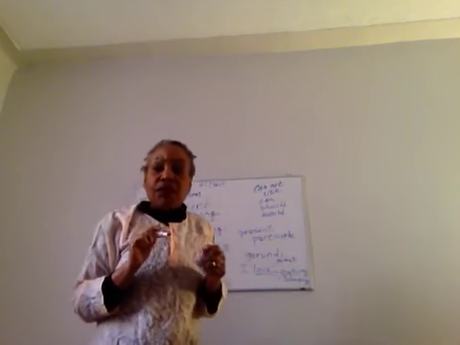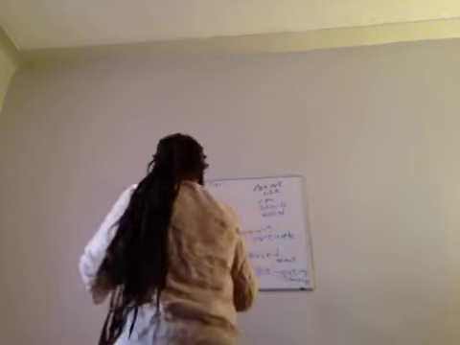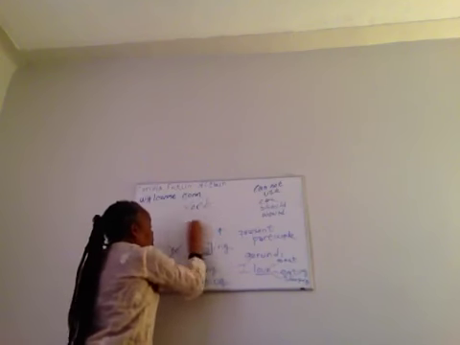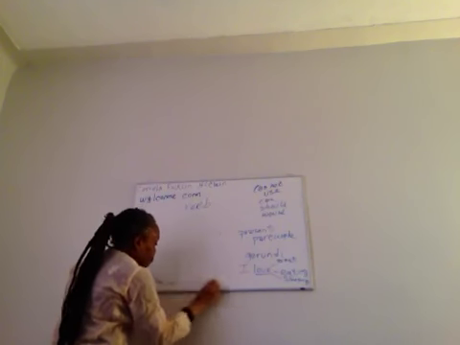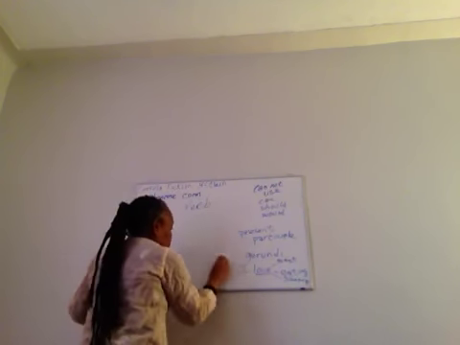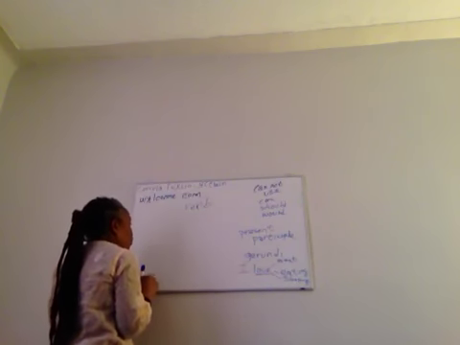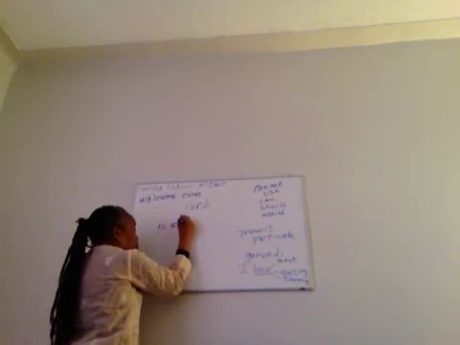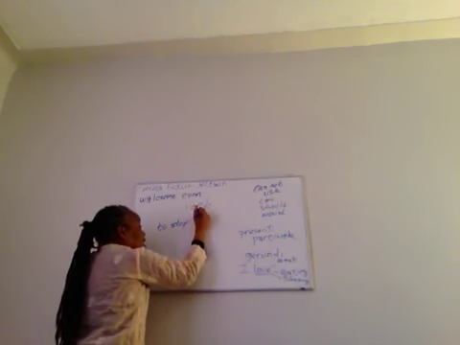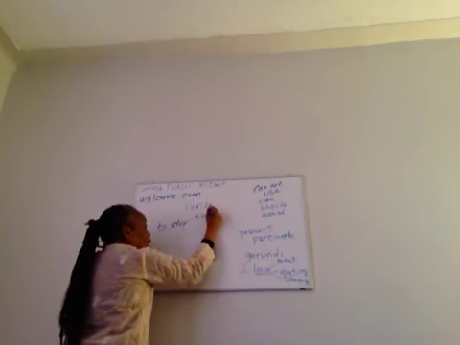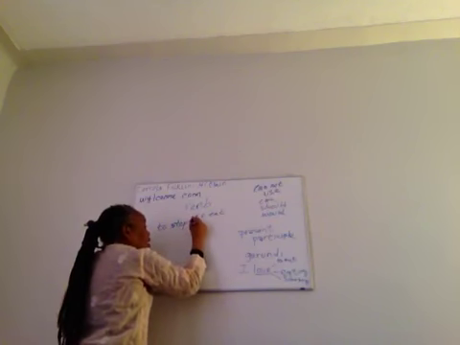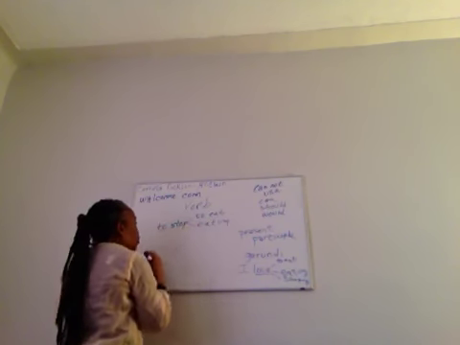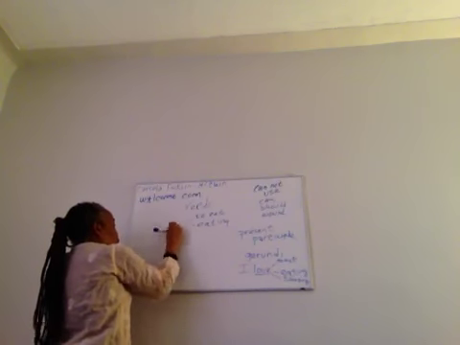But just before I leave, let me give you one example where the two forms do not mean the same thing. Real quickly here. Now you have the verb to stop, right? Now you can say, I stop to eat, or I stop eating. So let me just write this real quick for you.